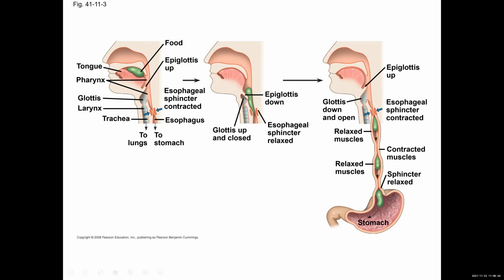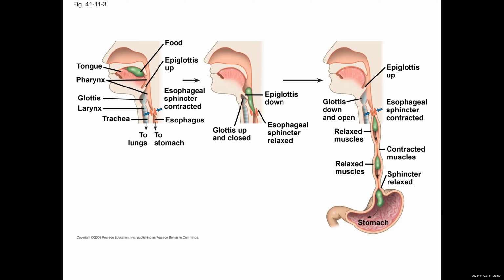Normally, after we have eaten, this sphincter is contracted, right? That allows us to, if we wanted to, right after we've eaten or drank some water, stand on our head, right? Do something upside down, and we don't have the food just flowing back out of the stomach. Important safety precaution for a variety of reasons.